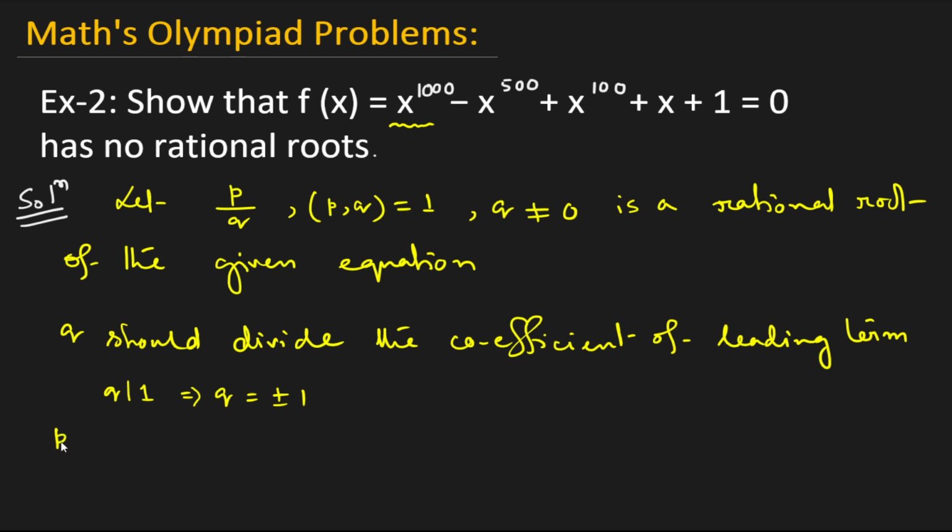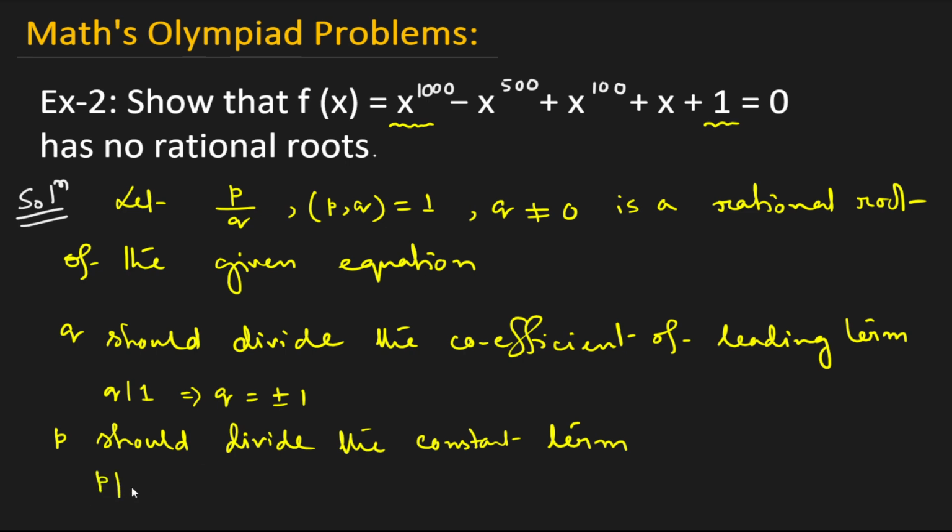In the same way, p should divide the constant term. These are some conditions or properties of a polynomial. Now which is the constant term? The last one. The constant term is 1.